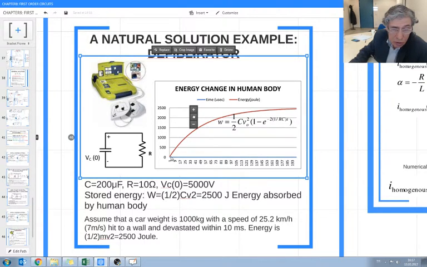So at the beginning there is no energy because there is no touch of the pads to the human body. When you touch it, in a short time, you're going to transfer the initial energy of this component to the human body. This transfer has been shown with this curve.